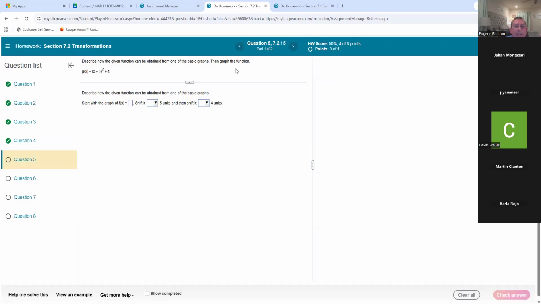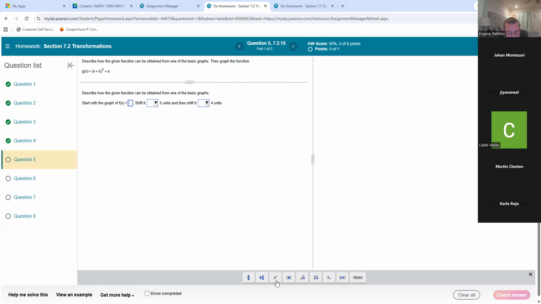All right, y'all, check out this and we're going to describe it, then graph it. So since you got an exponent 2 on that, this will be the x squared graph. All right, y'all, this is on y'all. You're going to shift it blank 5 units. That 5 is being added to the x inside those parentheses.